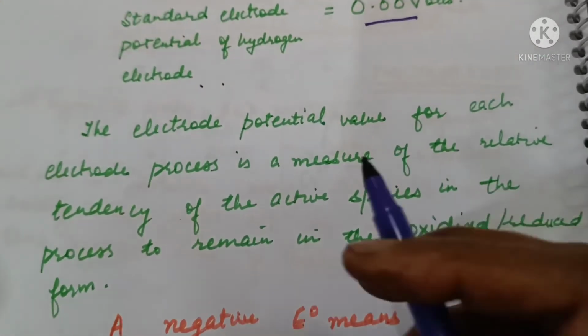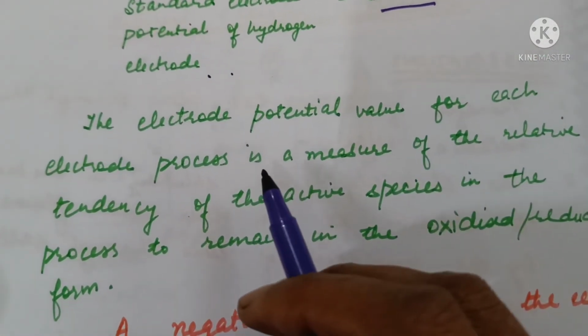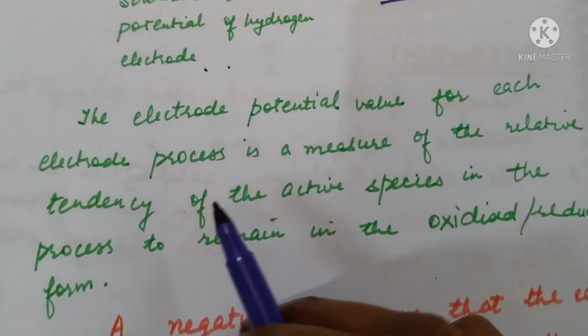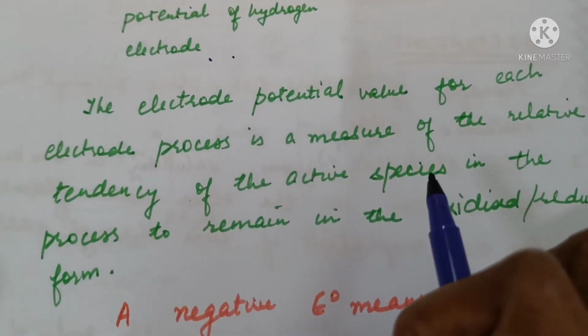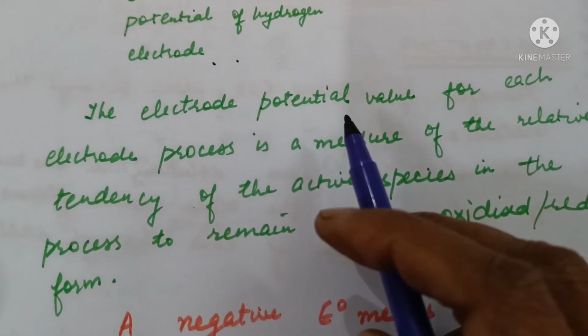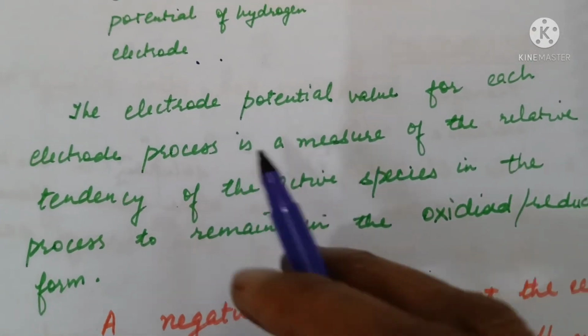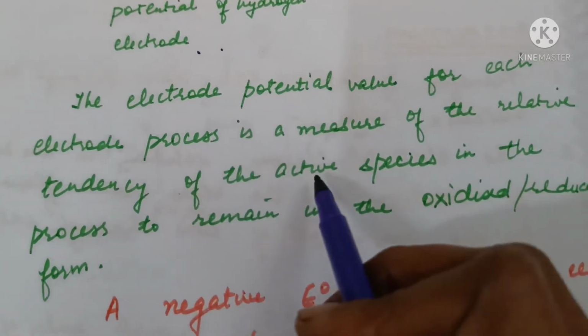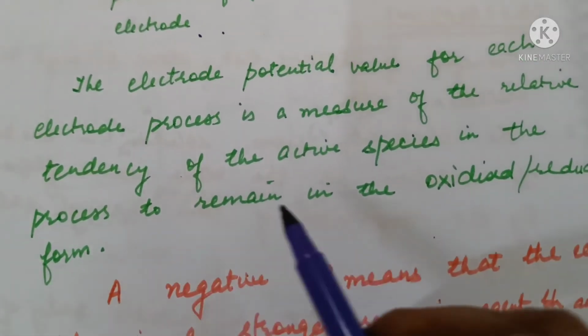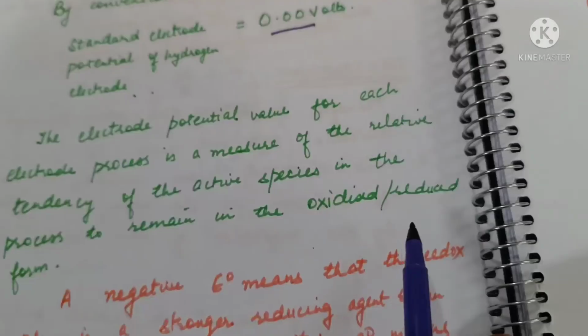So electrode potential value for each electrode process will be measured relative to the standard electrode potential. And this electrode potential value for each electrode process is a measure of relative tendency of active species in the process to remain in the oxidized or reduced form.